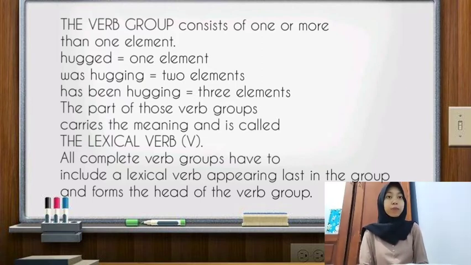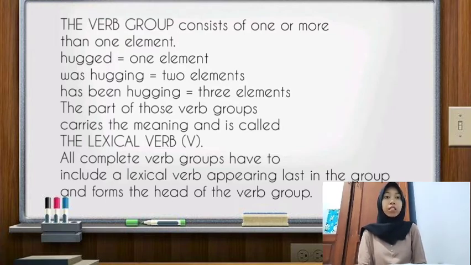All complete verb groups have to include a lexical verb appearing last in the group and form the head of the verb group. The lexical verb can appear alone or with additional elements. These additional elements are called auxiliaries.